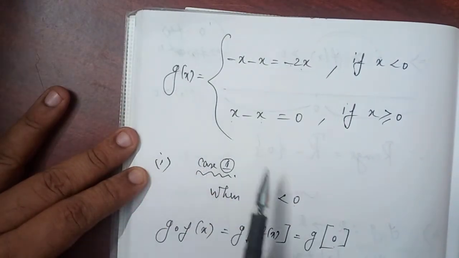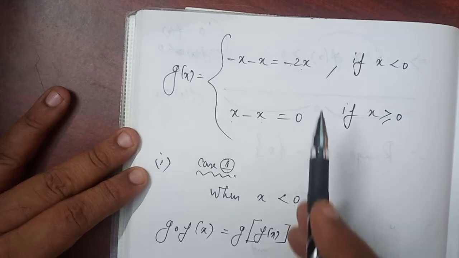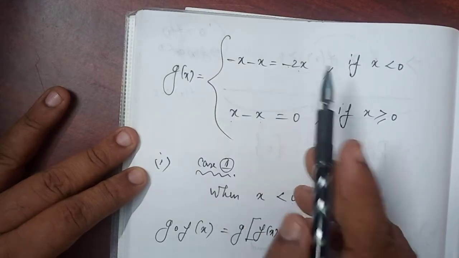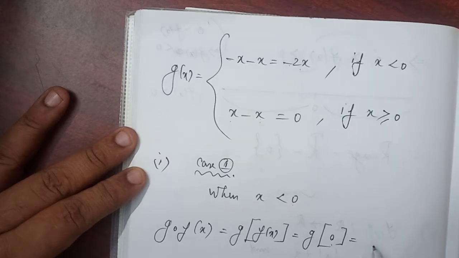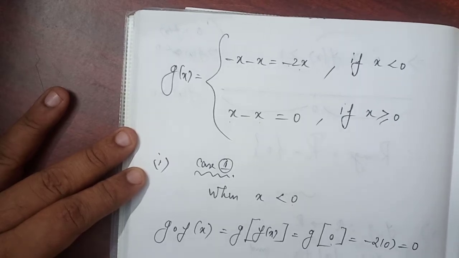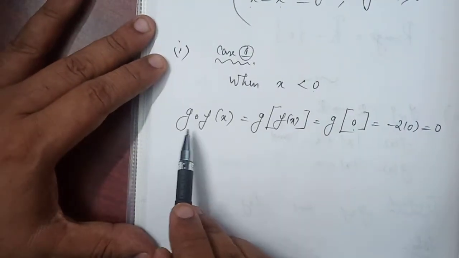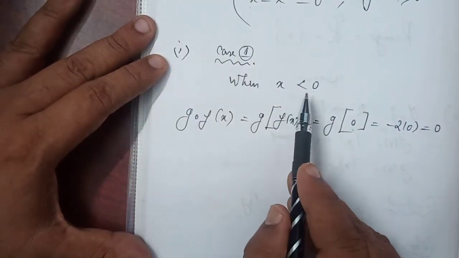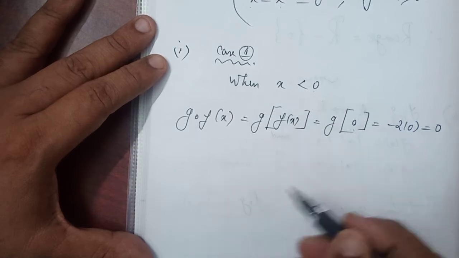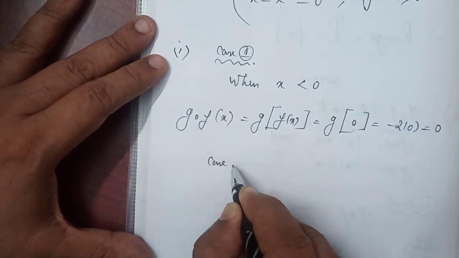So x should be replaced by 0. Minus 2 into 0 is equal to 0. This is g dot f of x when x is less than 0. Case number 1 over. Now case number 2.